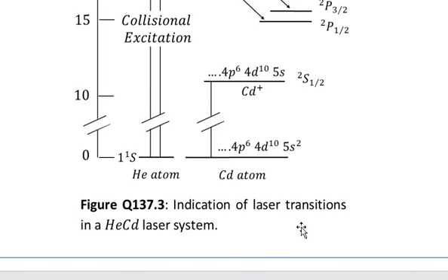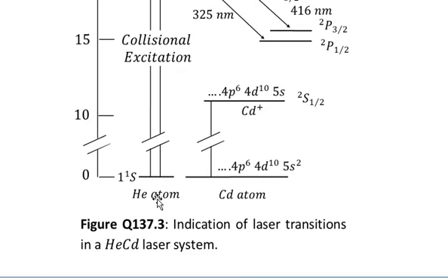So this is the indication of the laser transitions in a helium cadmium laser system. On the left hand side, you can see the energy terms corresponding to the helium atom. This is the ground state of the helium atom, 1s1. For this one, you can consult the previous slide to see how these were achieved.